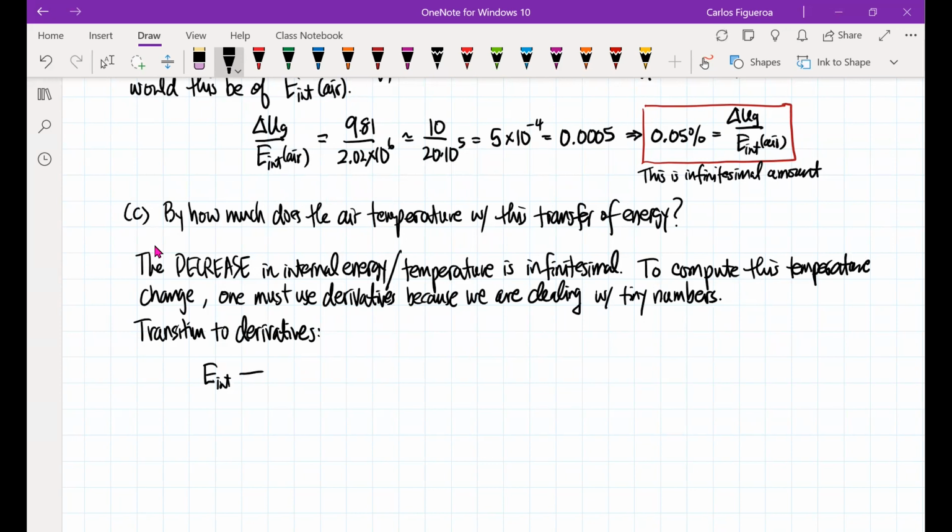And then what I'm going to see here is that there is a tiny change in internal energy. Because the internal energy is proportional to the temperature, this infinitesimal change in the internal energy is also an infinitesimal change in the temperature.